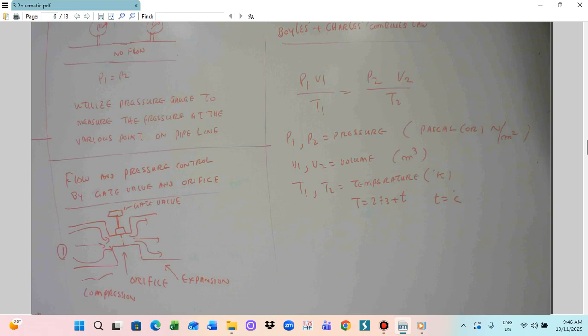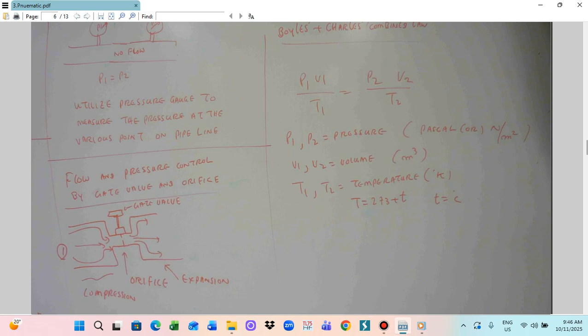The function is P1 V1 / T1 = P2 V2 / T2. P1 and P2 are the pressure, for which you use the Pascal or Newton per meter square.